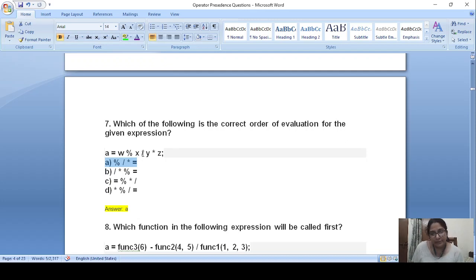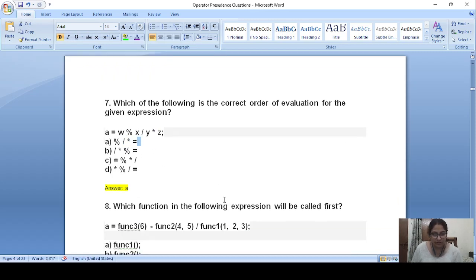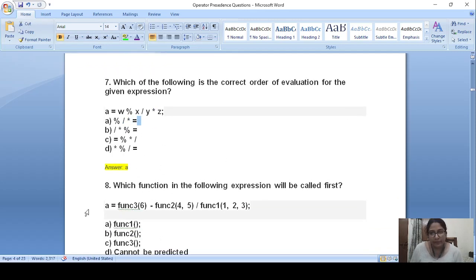Division and multiplication have equal precedence, but left to right associativity will take place here, and division will be associated second. Then multiplication will be associated, and then at last is-equal-to will be associated. It will be evaluated, not associated.